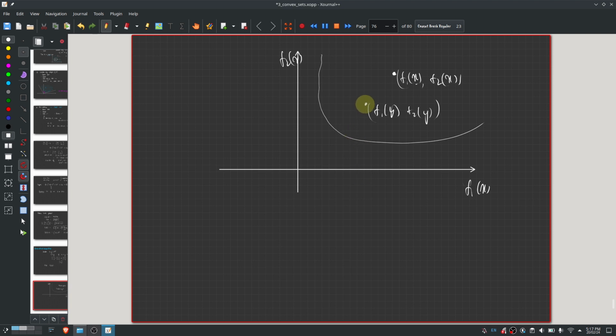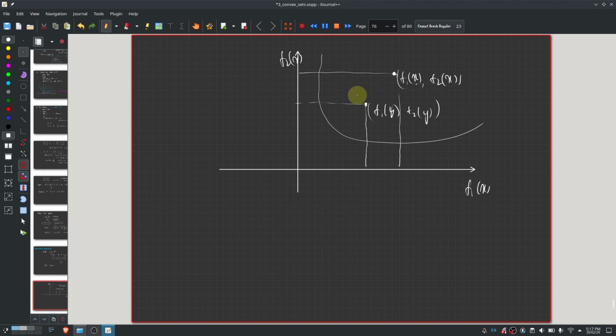Because if I choose this particular y, f1 of y is less than f1 of x, and f2 of y is less than f2 of x. So choosing y is obviously better than choosing x.